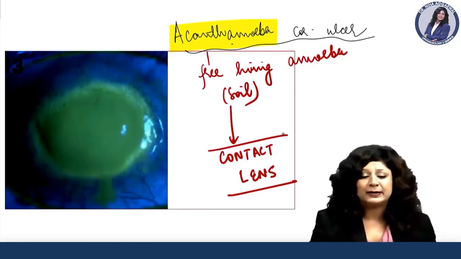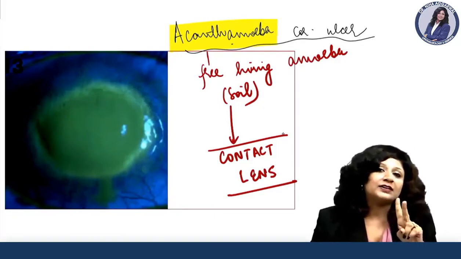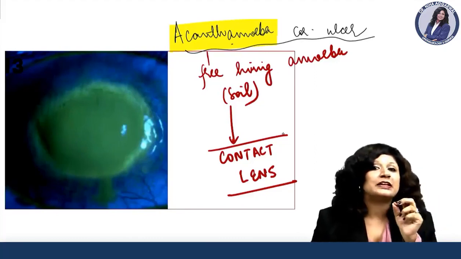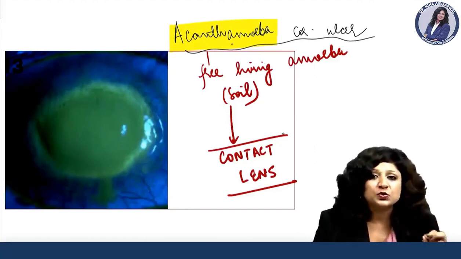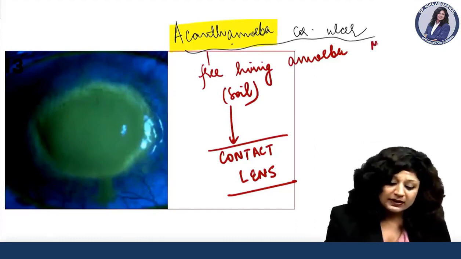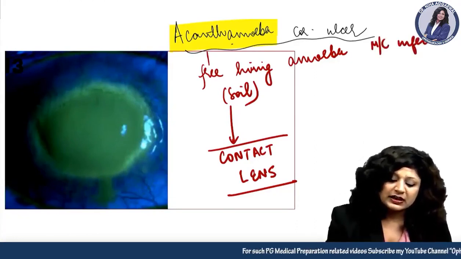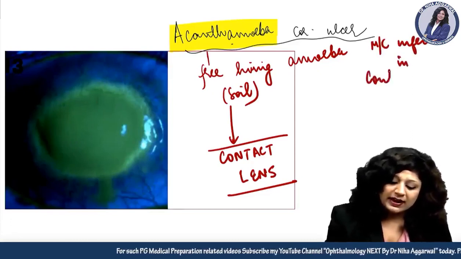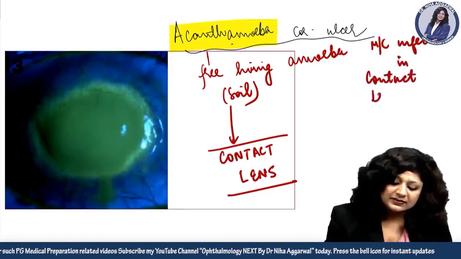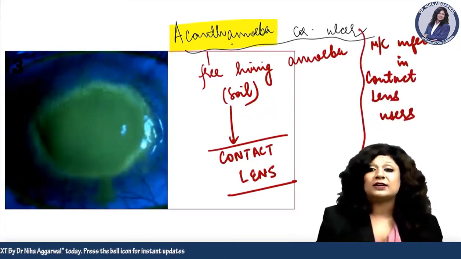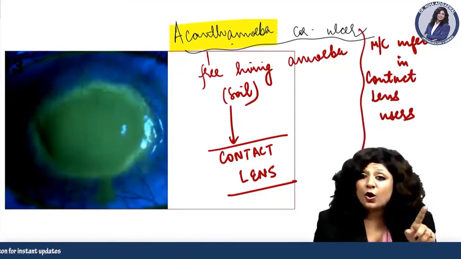The free living amoeba is present in soil. Now, one very important confusion which remains is, what is the most common infection in contact lens users? The most common infection in contact lens users is not acanthamoeba.